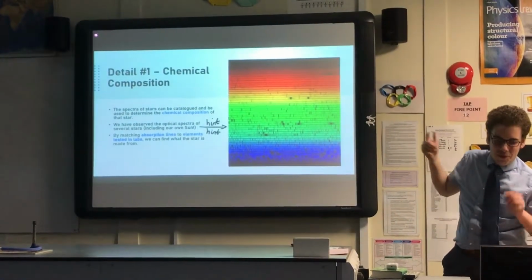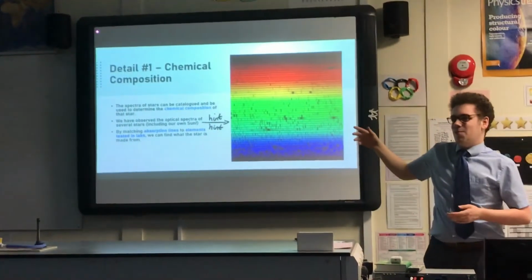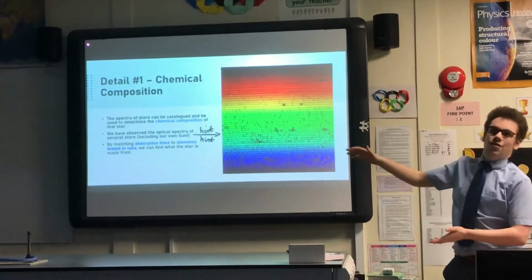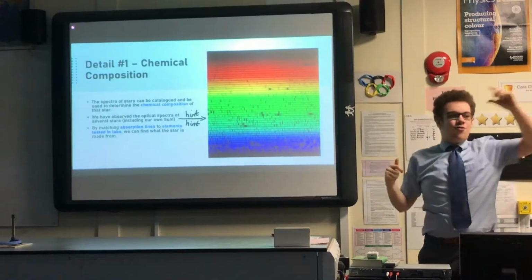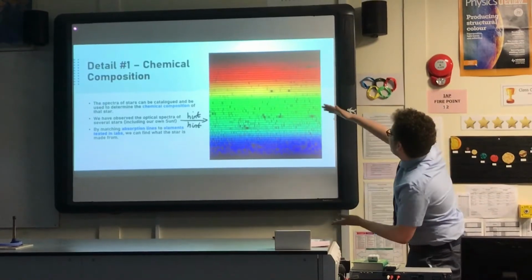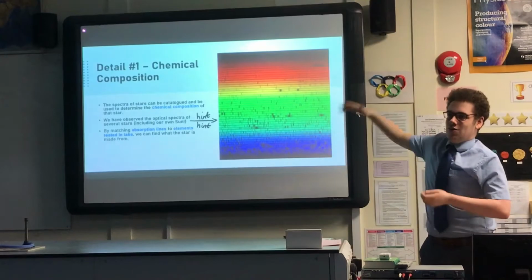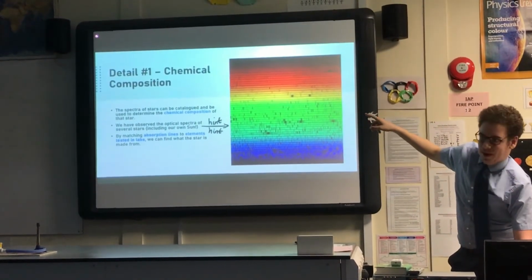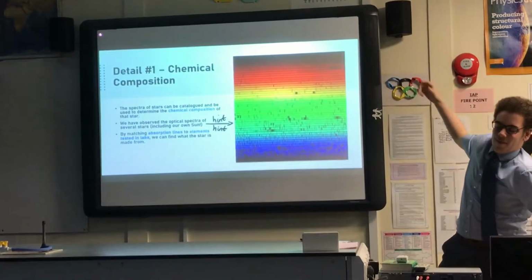So by matching absorption lines to elements tested in labs, say iron, we can heat that up, pass light through it, and see what wavelengths are absorbed by iron. And we can match this with absorption spectra of different stars, and say, oh, that star contains iron, because these wavelengths are missing.